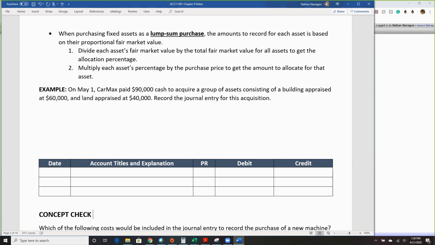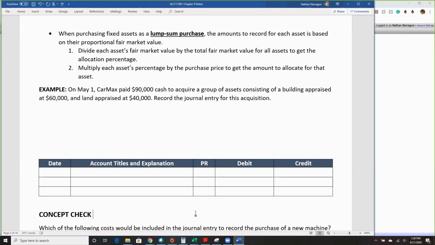So the first thing that we're going to have to do is know the fair market value of the items. From there, we're going to figure out an allocation percentage. Don't worry, I'll go through this. And then from there, we're going to multiply that allocation by the cash that we actually paid.